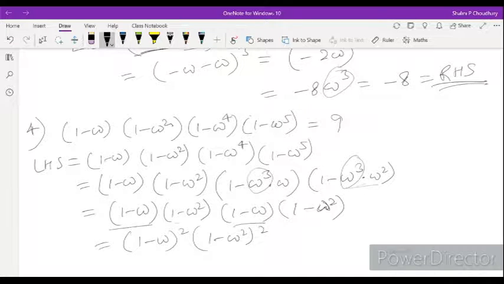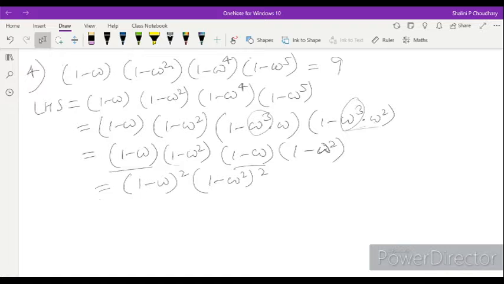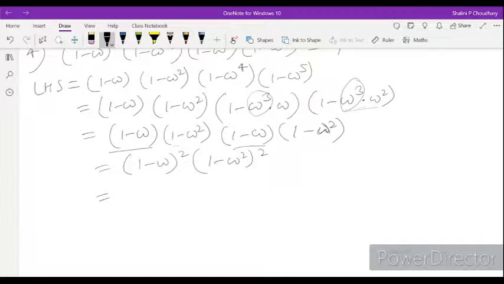Now we'll find out the value. How? We can take (1 minus omega)(1 minus omega square) whole square.